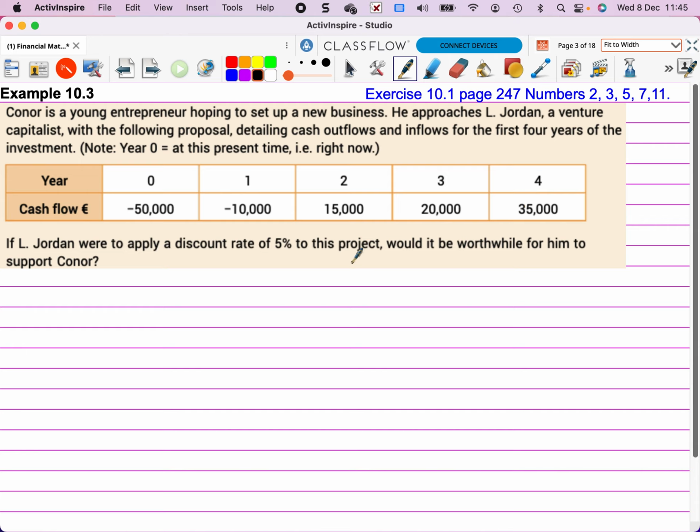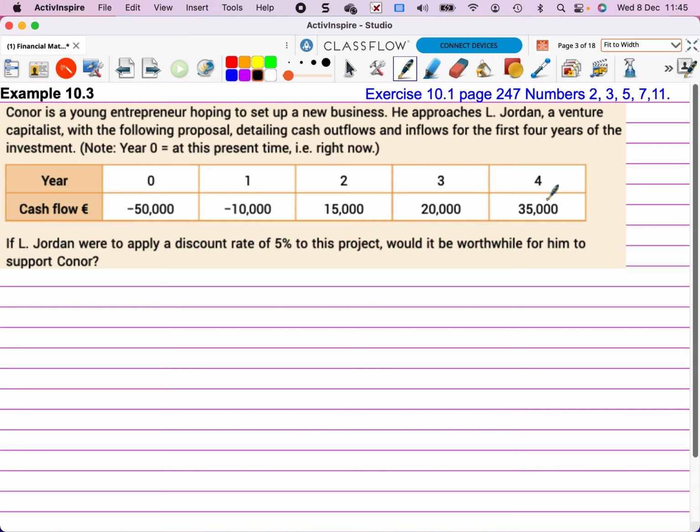Now, there's a set discount rate and interest rate over that time span, and it's been set at 5%. So what the venture capitalist wants to find out is, has he made money over this period? And the way he or she does that is by working out the present values of all these sums of money.